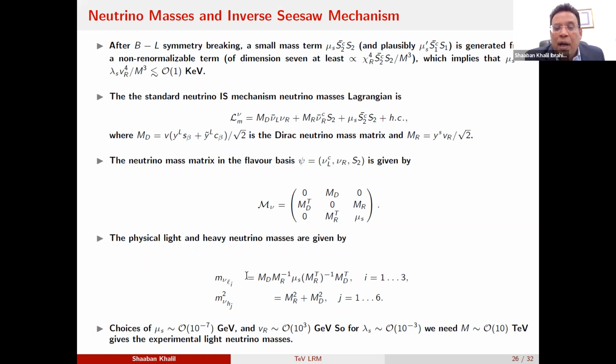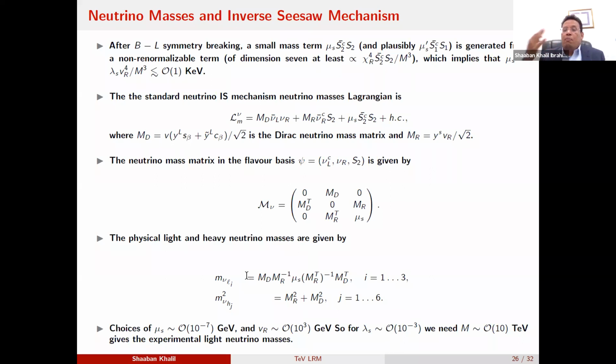Before it was a 2 by 2 matrix: 0, M Dirac, M Dirac transpose, and M R. Now you change the setup and you get it, in the basis of left-handed neutrino, right-handed neutrino, and singlet fermion, to be a 3 by 3 matrix. Due to the symmetry, you are not allowing any mass for the right-handed neutrino, but you allow a mass for the mixing between the right-handed neutrino and S2. And this will generate this mass matrix.